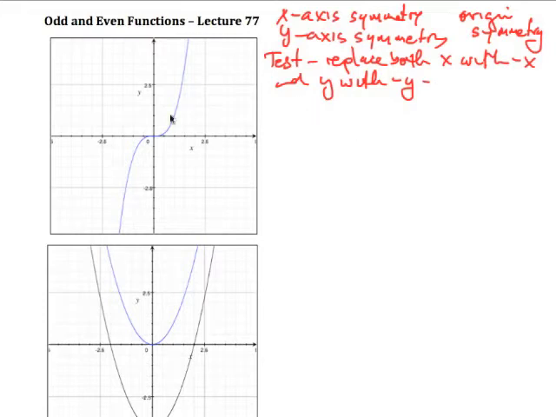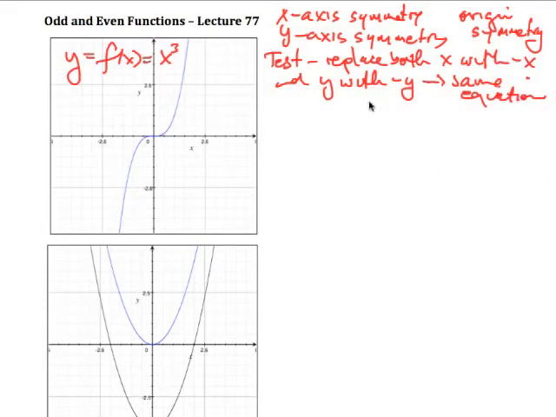Now this function here is f of x equals x cubed. So this is y equals f of x equals x cubed. Now if I replace the x part, what happens? Well, with origin symmetry, if we do that, we should get the same equation occurring.